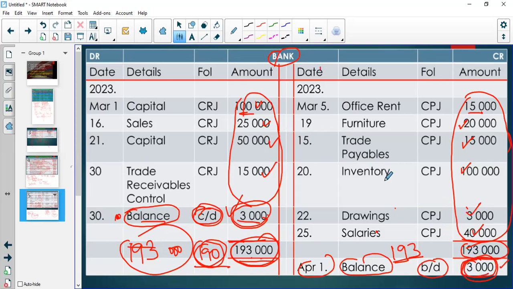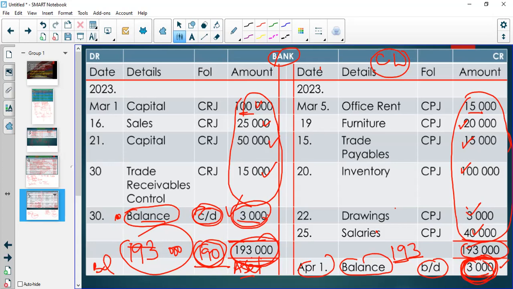We say it's an overdraft because it's an asset called bank, which is a credit balance. So it means that we overdrew our amounts, right? And that's why it's an overdraft, and that's why we would refer to that as a current liability. If the balance brought down was this side, then it would have been an asset. It means we had a debit balance, a positive balance. This is a credit balance, a negative balance with 3,000.